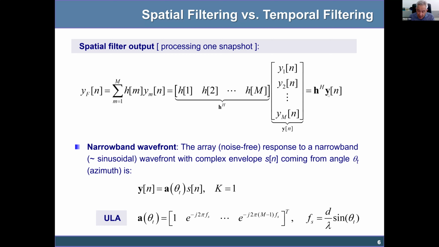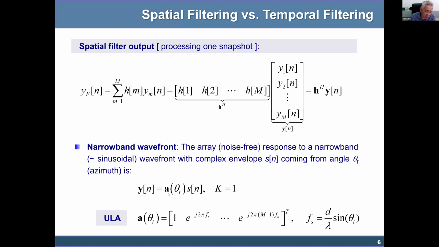Now, if we replace y with the narrowband model that we derived so far, assuming that there is only one source, and forget the noise, y is this expression here. Now, this is the array response.